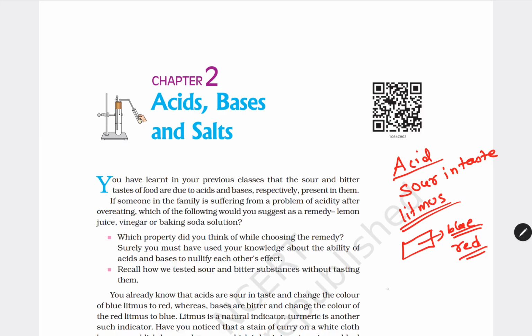If it is a base, how will you feel the base? A base is bitter in taste. You feel it slippery when you touch it, and it will change red litmus into blue color. And what is a neutralization reaction?